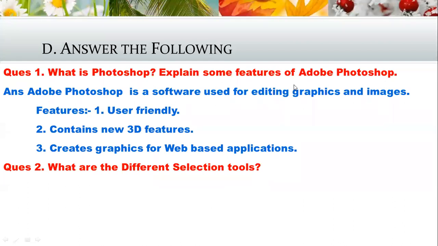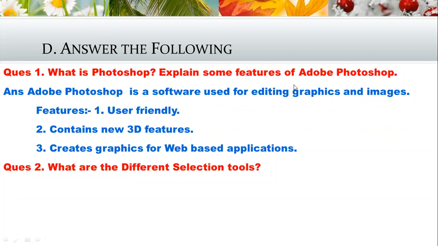So let's start from you. Yes. Any one selection tool? Marquee tool. Yes. Crop tool. Very good. Then, yes. One more selection tool. Marquee and crop they already told. Move tool. Okay.